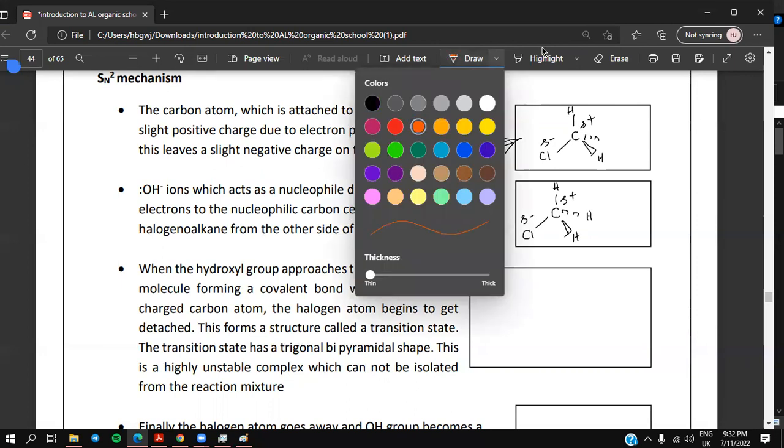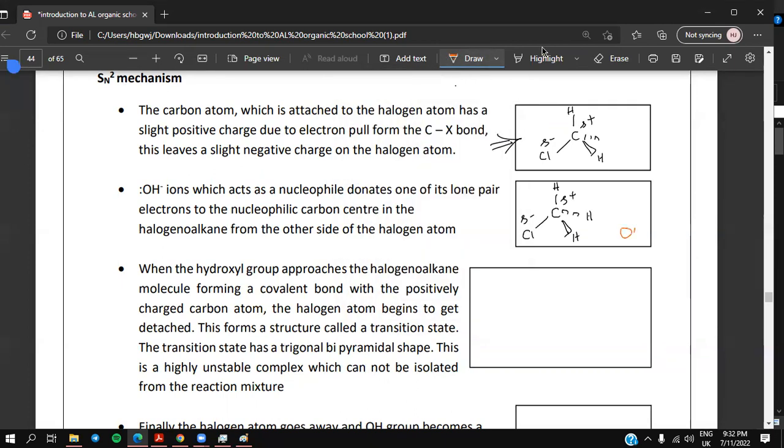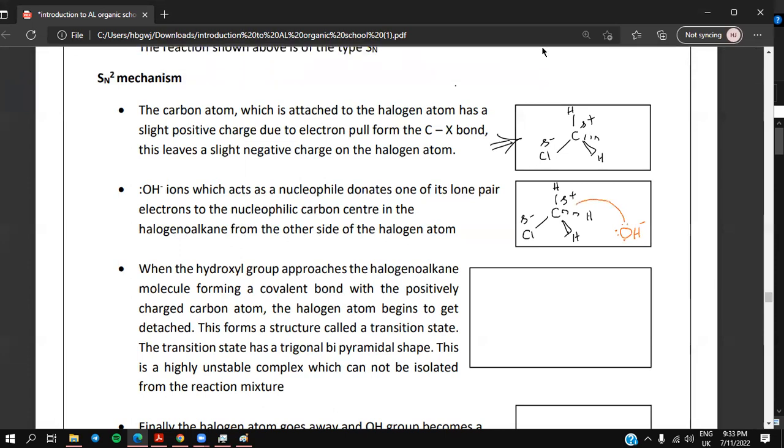I can show the entrance of OH minus to donate electrons in this molecule on the right-hand side, because chlorine is on the left-hand side. So you can see the donation of an electron pair. A complete arrowhead must be shown because 2 electrons are donated.